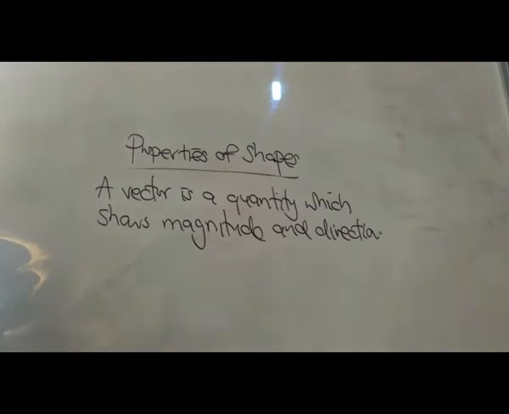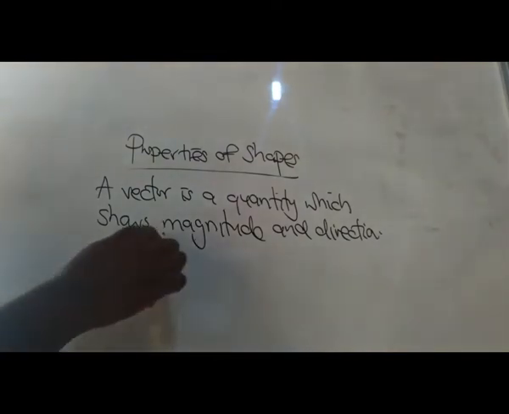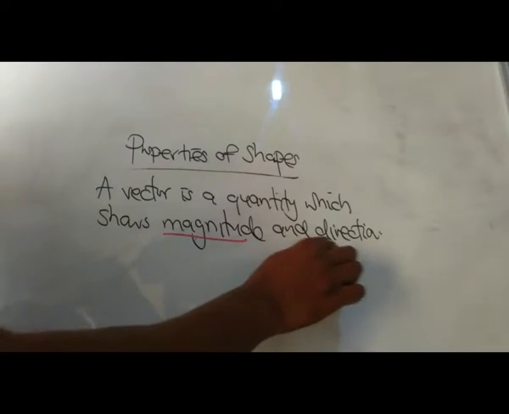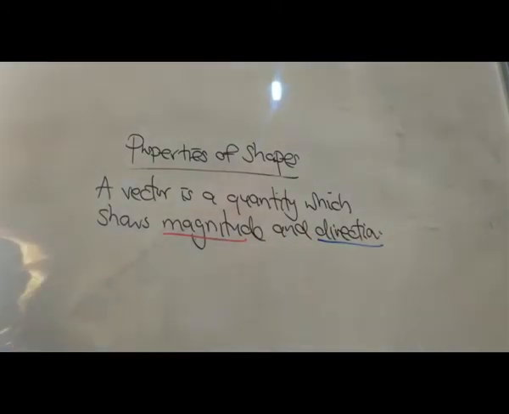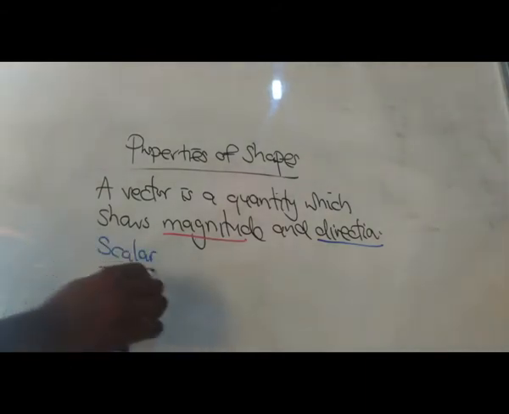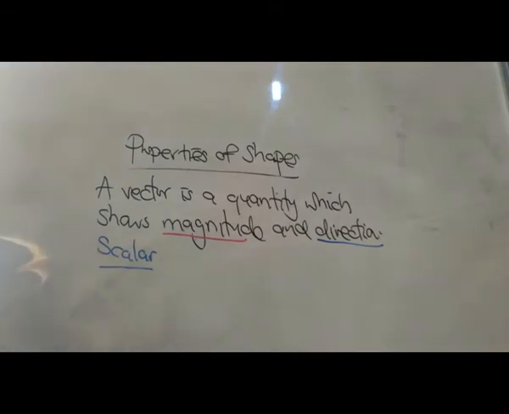We defined a vector previously and said a vector is a quantity which shows magnitude and direction. I'm going to highlight these two keywords, magnitude as well as direction. These are very important. We also say that the opposite of a vector is the scalar. Last time I showed you how to multiply the scalar quantity.